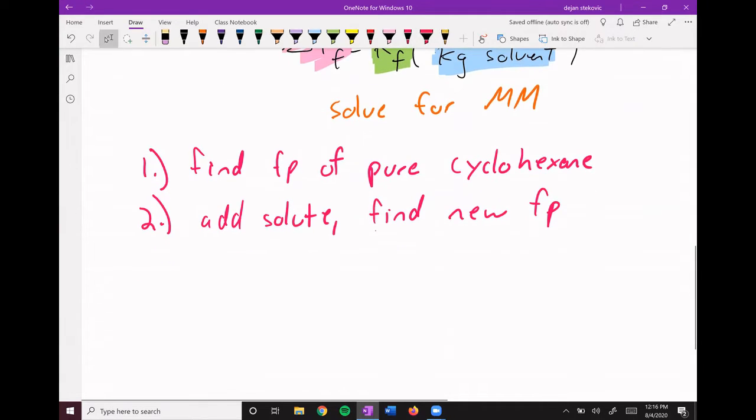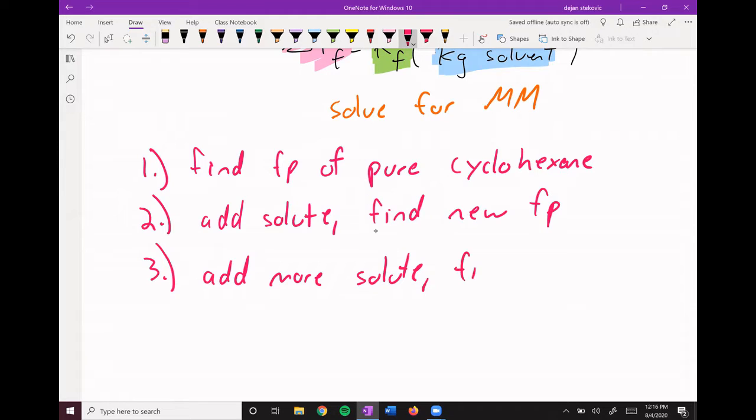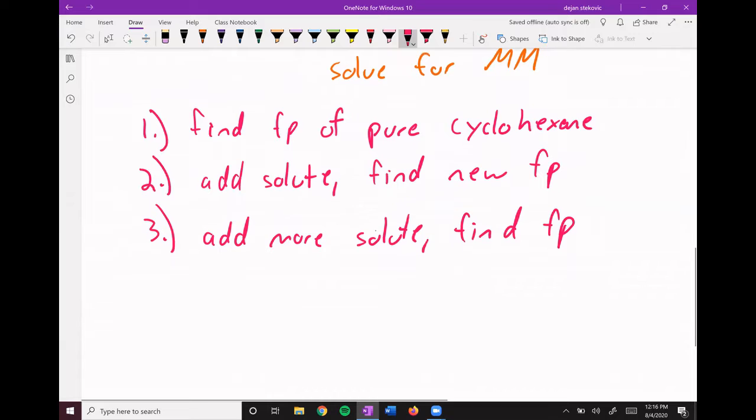Right, and so between these two numbers, we should be able to find the molar mass of our solid. And then we'll just do another one. We'll add more solute and find the freezing point again, just as a check, right? So you don't really have to do step 3, but it's always good to do multiple trials of your experiments.